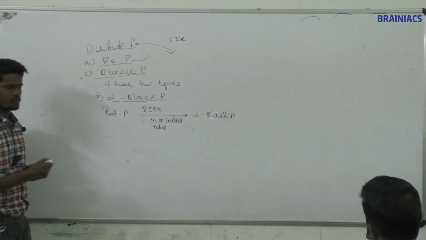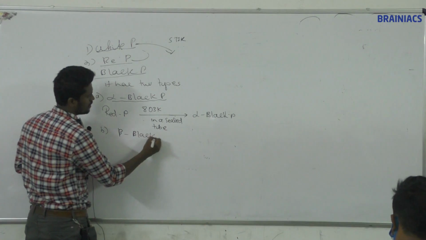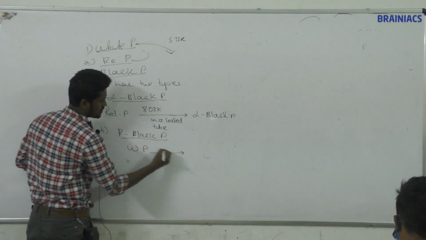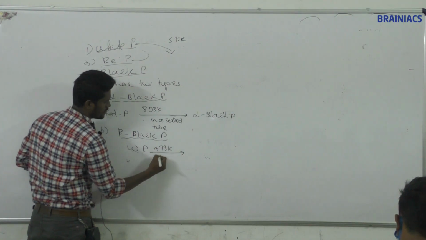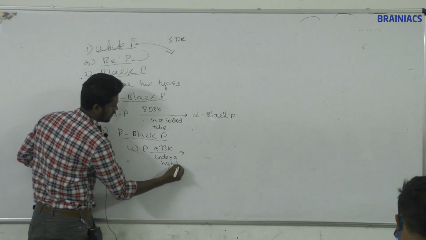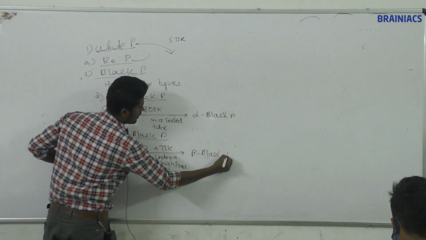Alpha black phosphorus. And in the same way, beta black phosphorus. So heating what? White phosphorus at 473 Kelvin under high pressure gives what? Beta black phosphorus.